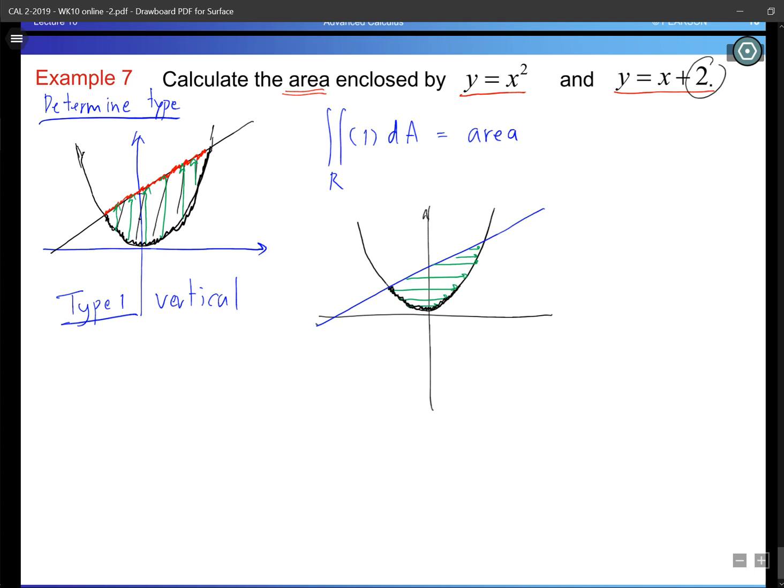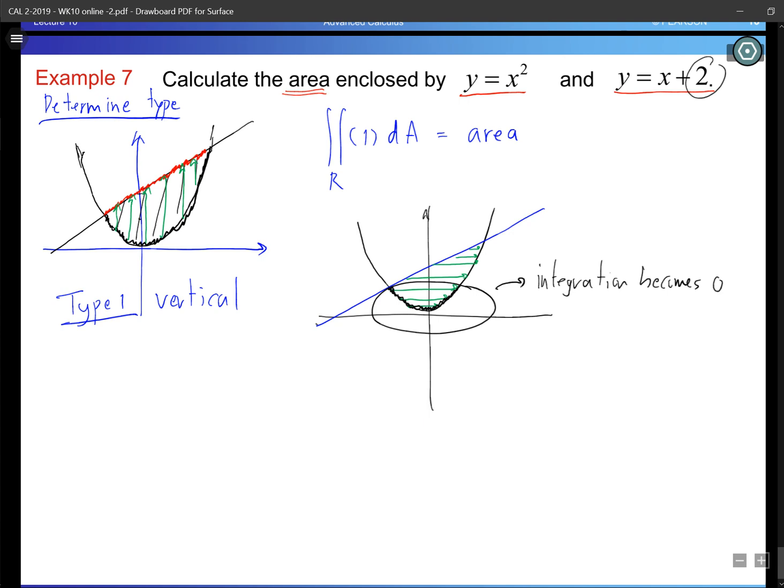If you put these two same functions in the integration, it means the left-hand function and the right-hand function are the same, so the integration becomes 0.